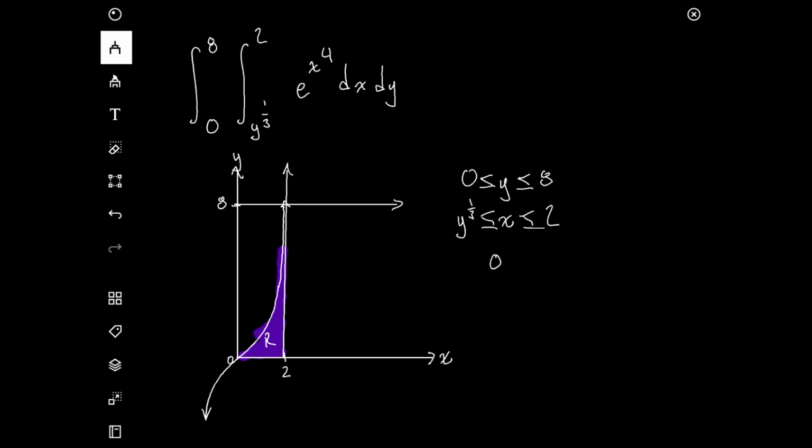Now let's look at what happens if we reverse the direction that we look at our bounds in. So let's look at x first. X, if you just look on this axis, is very plainly between 0 and 2, right? Which means that now y has to interpolate for any x value between 0 and whatever this function is.